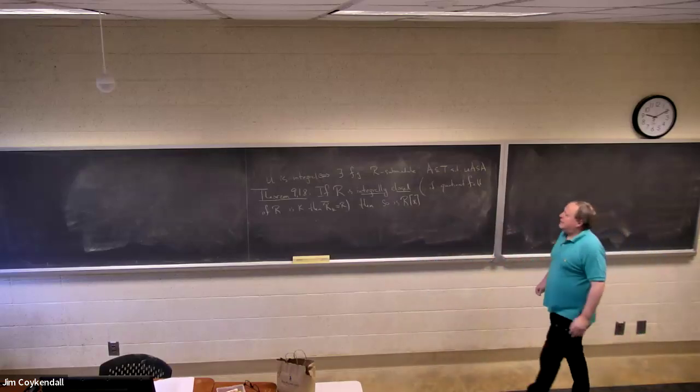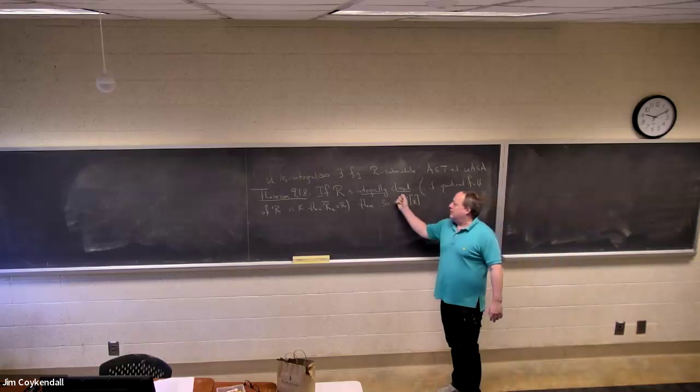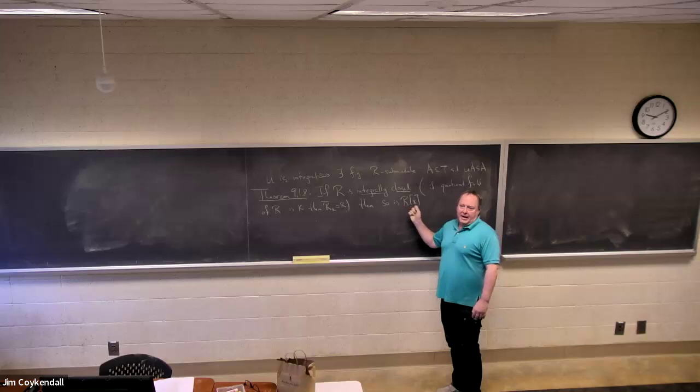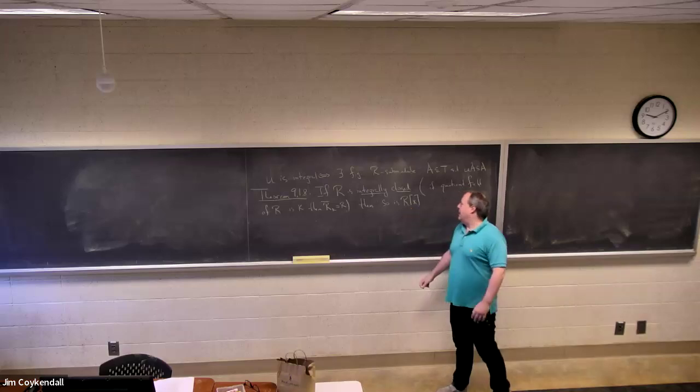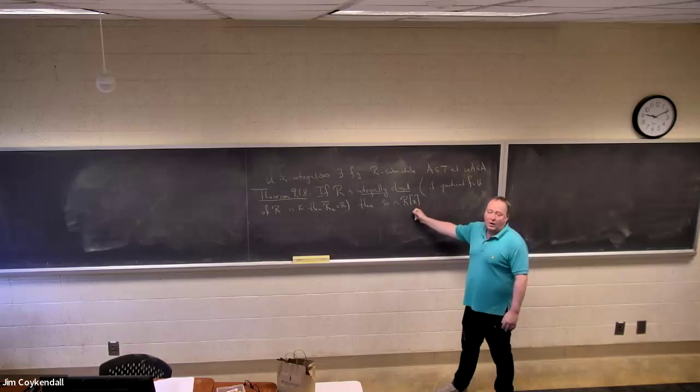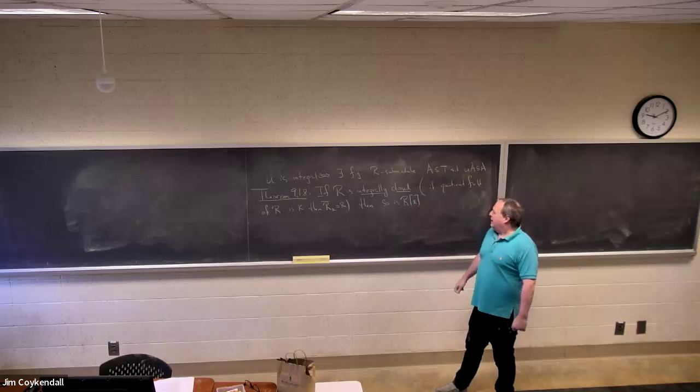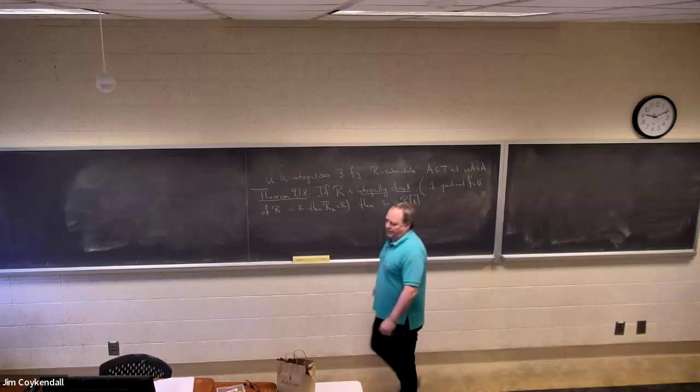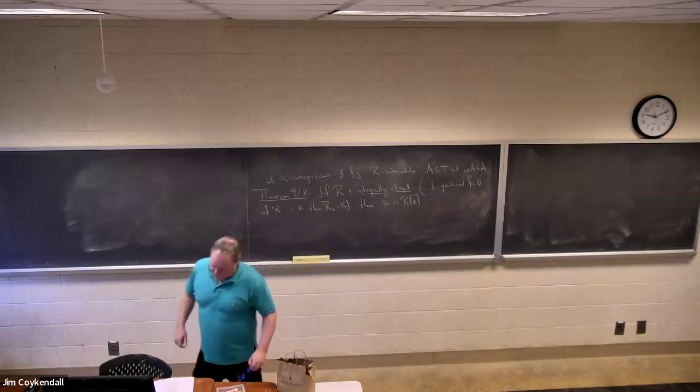So remember what this means. If R is integrally closed, then R[X] is integrally closed. The quotient field of this is K(X), rational functions over K. Everything that is integral in K(X) is integral over R[X]. And like I said, we're going to develop some stuff that will make this easier.